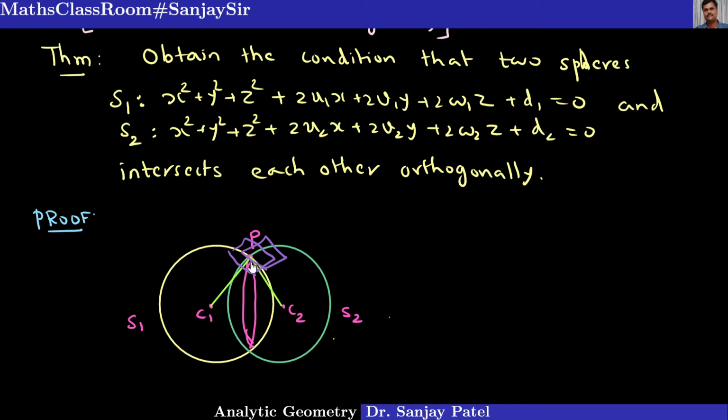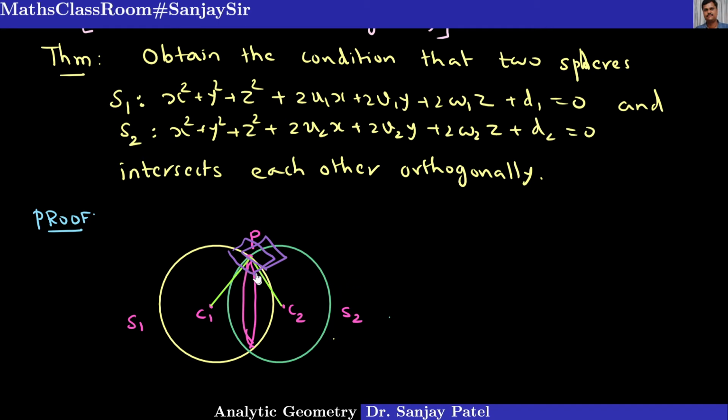Therefore the radius C1P of the first sphere is in the direction of the normal of the first tangent plane, and C2P, the radius of the second sphere, is in the direction of the normal of the second tangent plane at the same point.